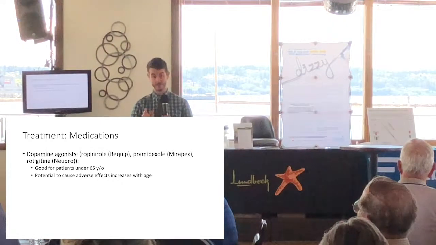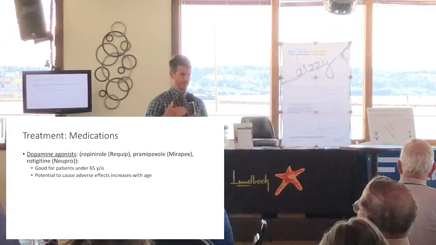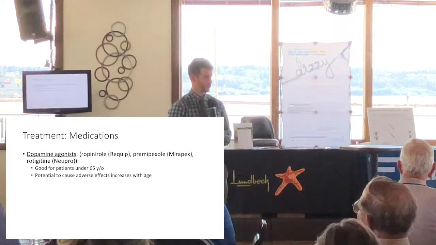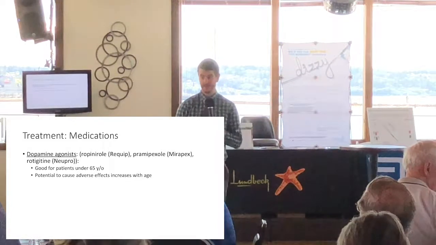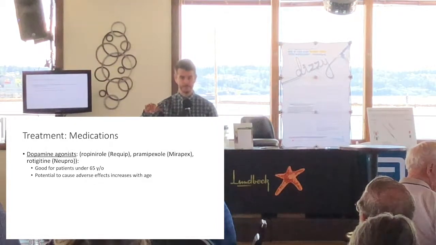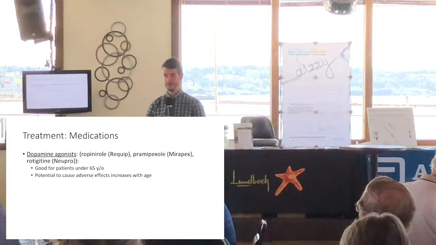These are great medications, and they work very well for a lot of people under the age of 65. These medications work for different conditions like tremor. They can help with muscle stiffness. They can help with fluctuations up and down during the day. They can actually be very helpful with restlessness.